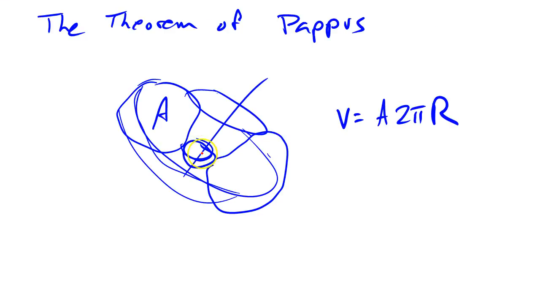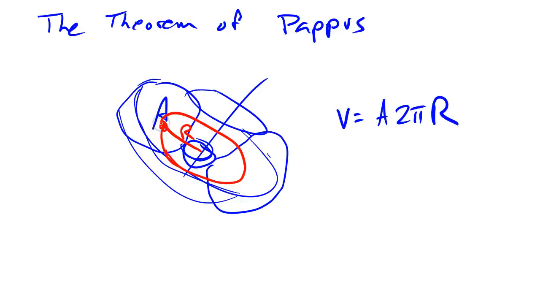So we're going to find, let's do this in red here, some point here, call that r, so that the distance going all the way around that axis that we're rotating would be 2 pi times r, and that would be just the right length to multiply by the area in order to get the volume. Well, it turns out that this r value, the point that you need here, is the centroid.